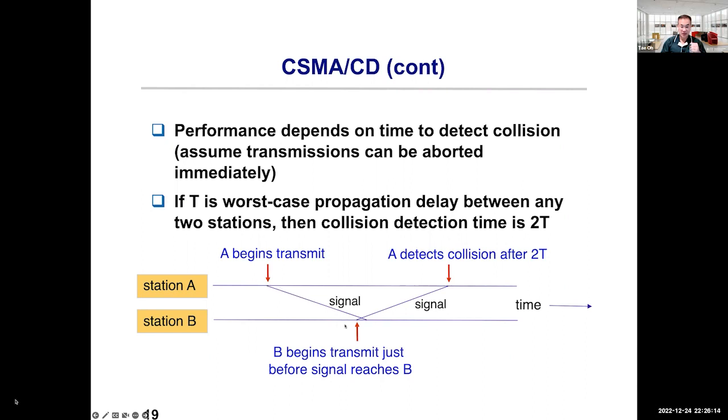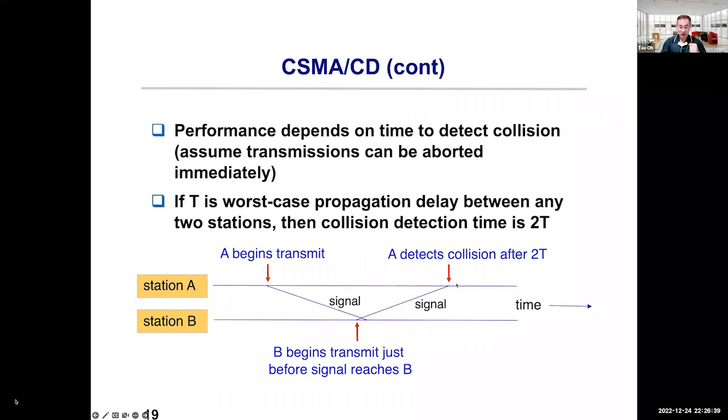It takes time to get to B, right? Before it gets there, B starts sending something else back to station A. As you can see, right before it reaches, and because the collision happened, the collision is detected after 2t.